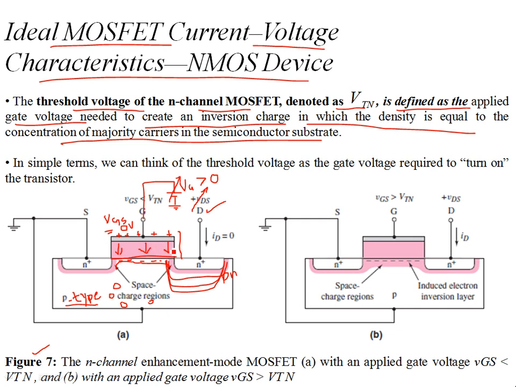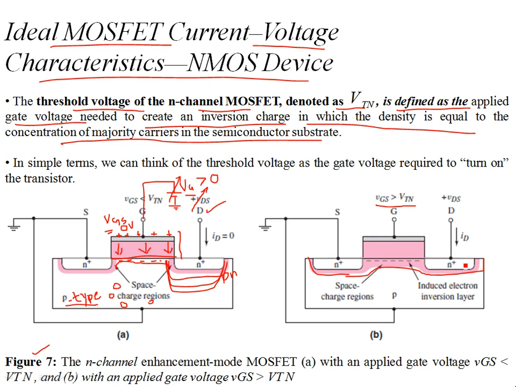So you need a certain positive gate voltage to create a channel, and VGS greater than VTN is the threshold, which ensures that there is a channel. Although the source and the drain junctions are reverse biased.